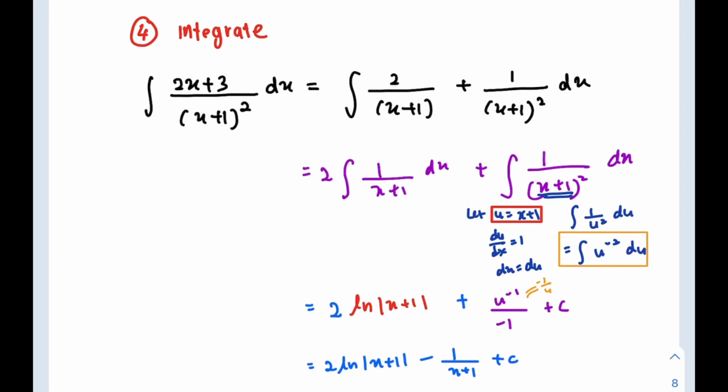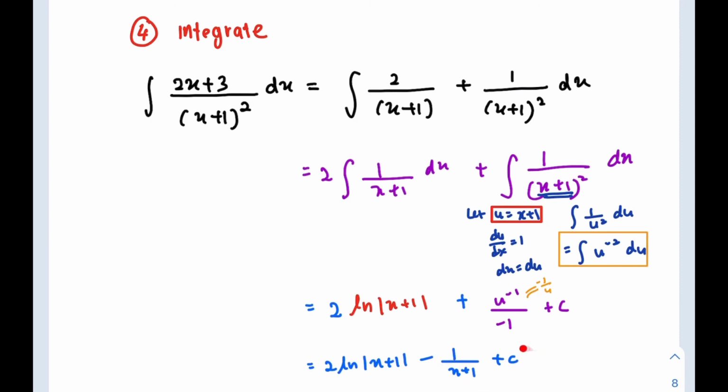So it is just u to the power of -1 over -1, and don't forget to write plus c. Then let's fill in the value of u. Your u just now is x plus 1. So now let's substitute this here. So your final answer is 2 ln modulus of x plus 1 minus, okay, your minus here, and this is 1 over u, so 1 over (x plus 1), plus c.